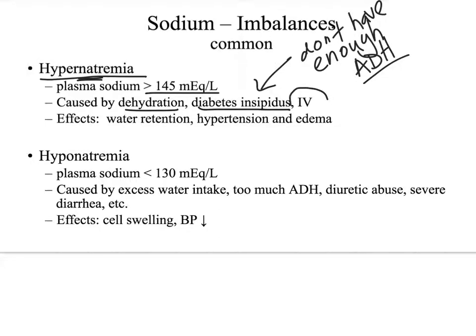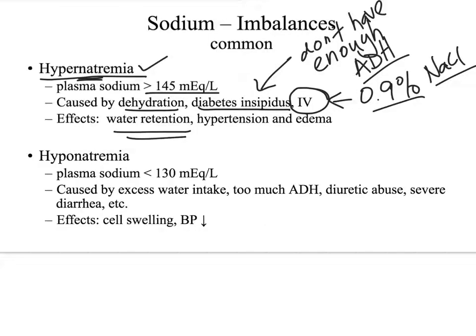And sometimes, if they give you a saline IV, normal saline is 0.9%, and that can cause you to get too much sodium on board. If you're hypernatremic, you can hold on to water, so you get edema. It can cause high blood pressure, and it can cause edema.